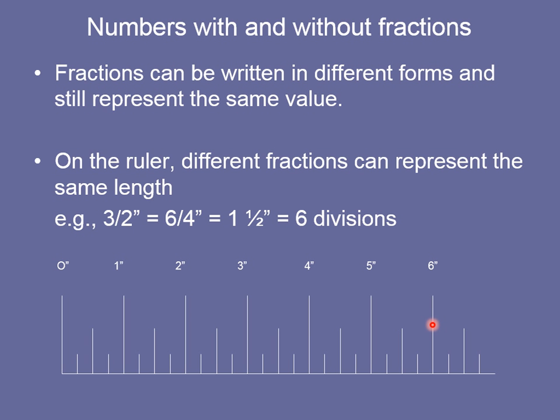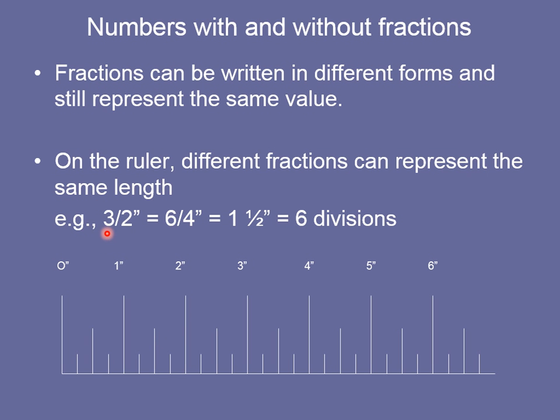So if you divide 3 by 2 or 6 by 4, or even if you write 1 1/2, now 1 1/2 means what? You go up to here to make it 1, and then you go another half. So technically all of these are the same. So that means that even if they look different, a lot of the fractions look different. The first two are fractions.